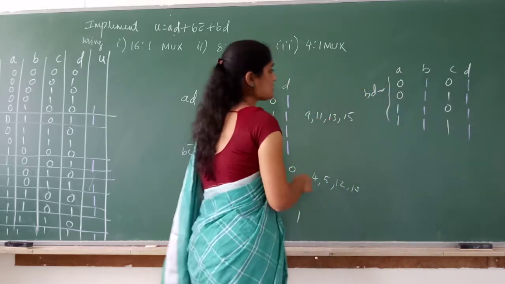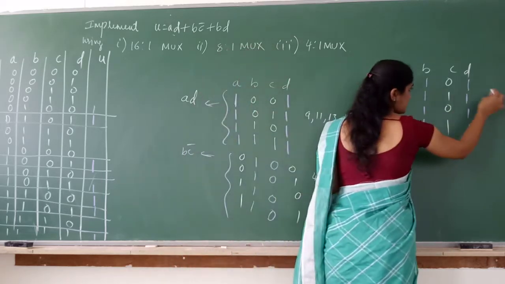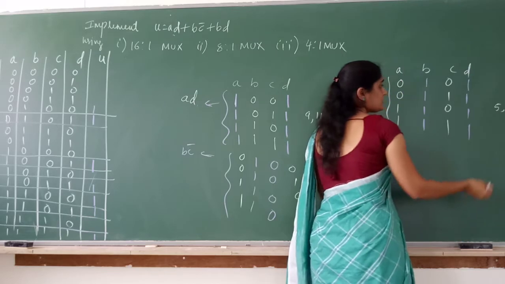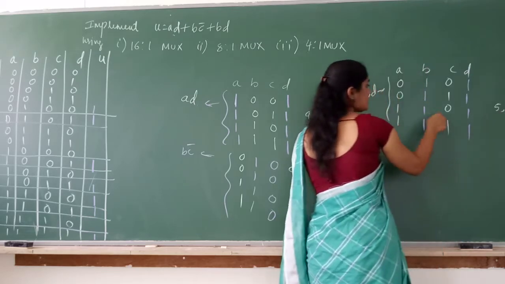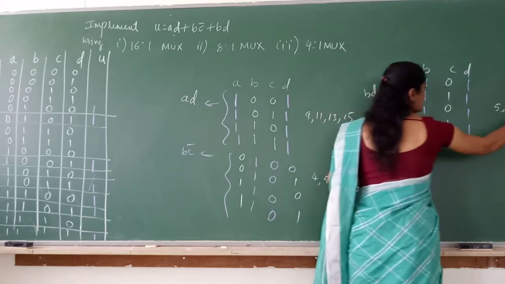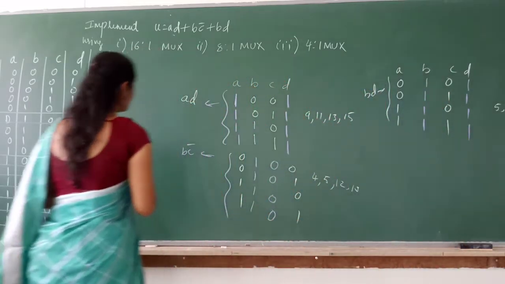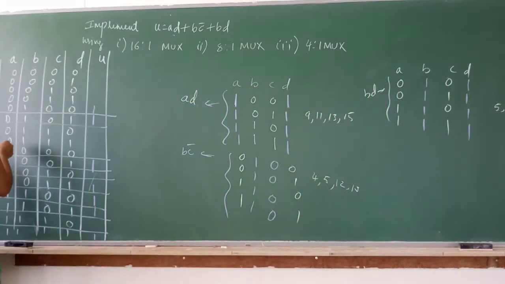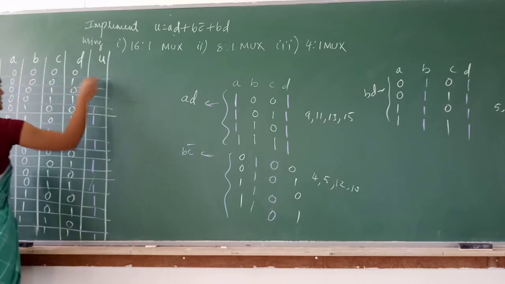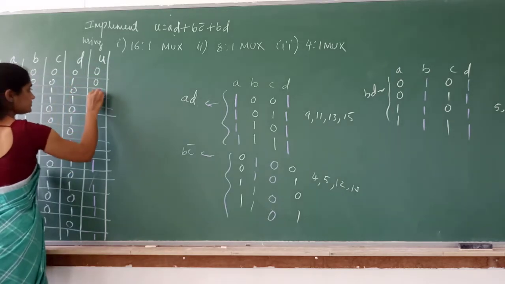So the terms are 0101 which is 5, 0111 which is 7, 1101 which is 13, and 1111 which is 15. So the min terms are 5, 7, 13, 15. Of these, 5 is already 1, 7 is 1, 13 and 15 are also already 1. For the remaining combinations, the output is 0.